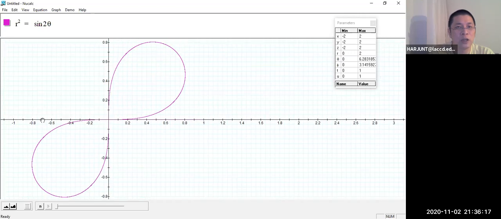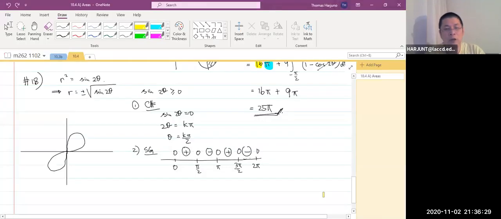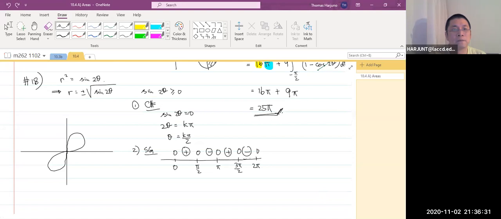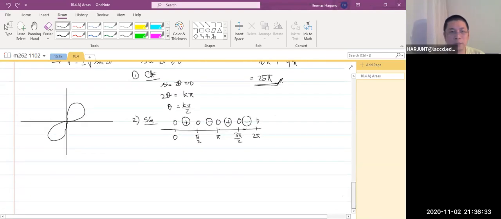And what we need is only the area of one loop. One loop, right? Okay, so at least I get the sketch. So the area of one loop is 1/2 integral from 0 to pi over 2 of r squared.